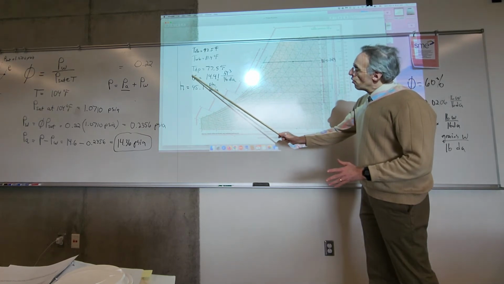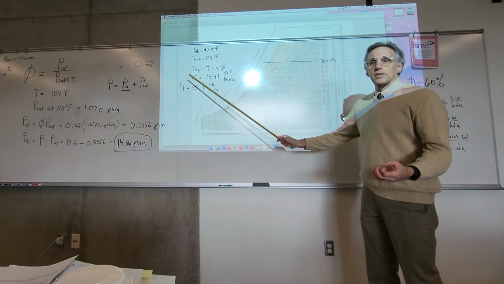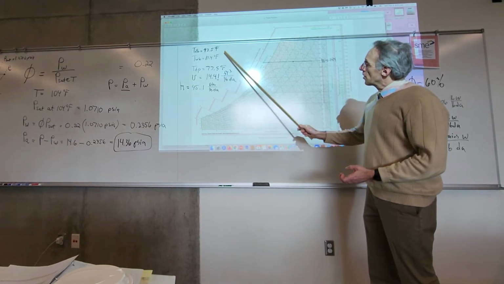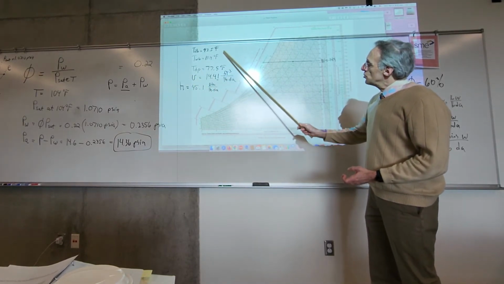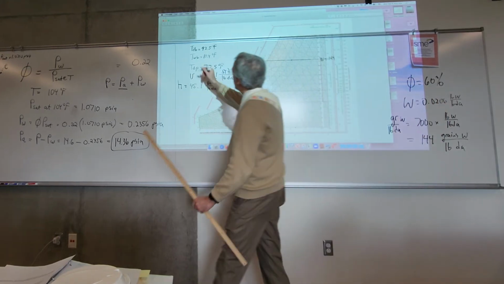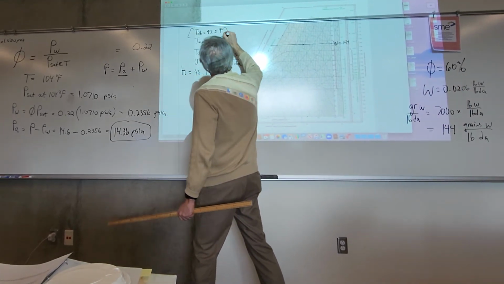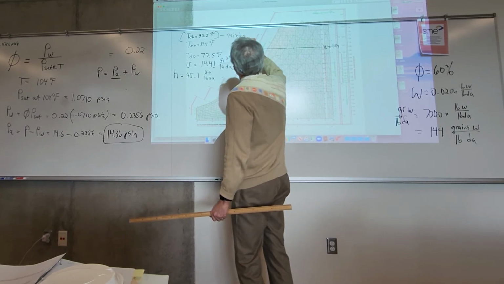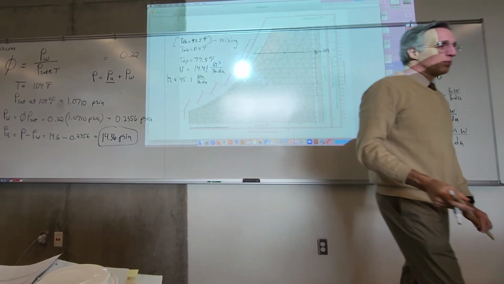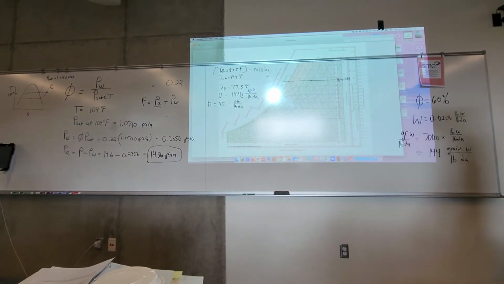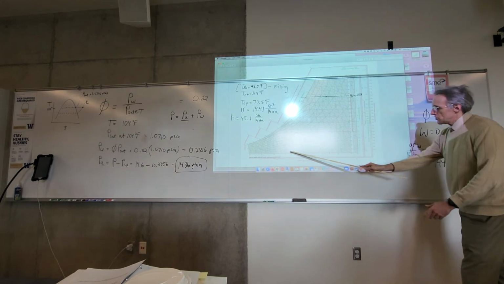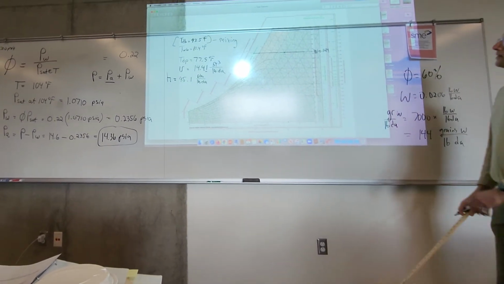We need specific volume in order to convert volume flow to mass flow. And these other ones are not so much used in calculations, although dry bulb temperature we use when we have mixing of two air streams. It's always a nice one to have because it's easy to look up. It's right there on the bottom.